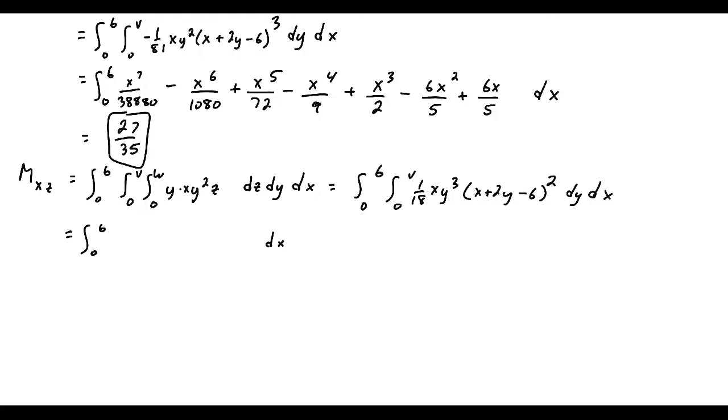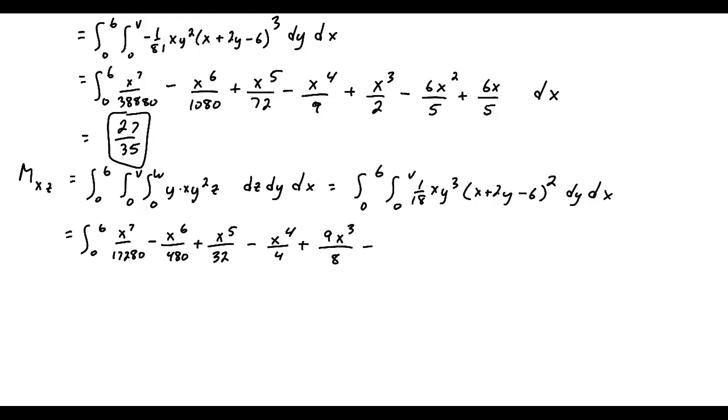with respect to x of the function x to the 7th over 17,280 minus x to the 6th over 480 plus x to the 5th over 32 minus x to the 4th over 4 plus 9x cubed over 8 minus 27x squared over 10 plus 27x over 10.